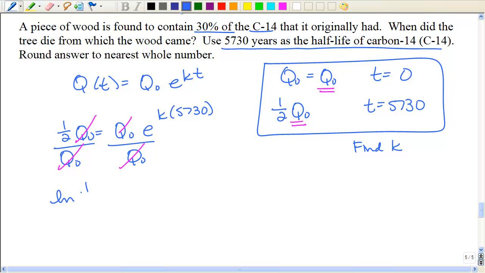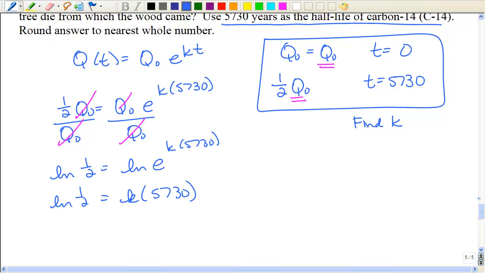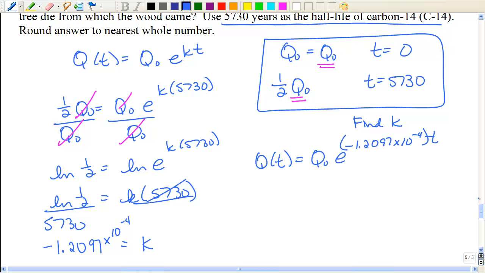So we just get that ratio, dividing by 5,730, and I get K to be negative 1.2097 times 10 to the negative 4th power. So my model is that for carbon-14.